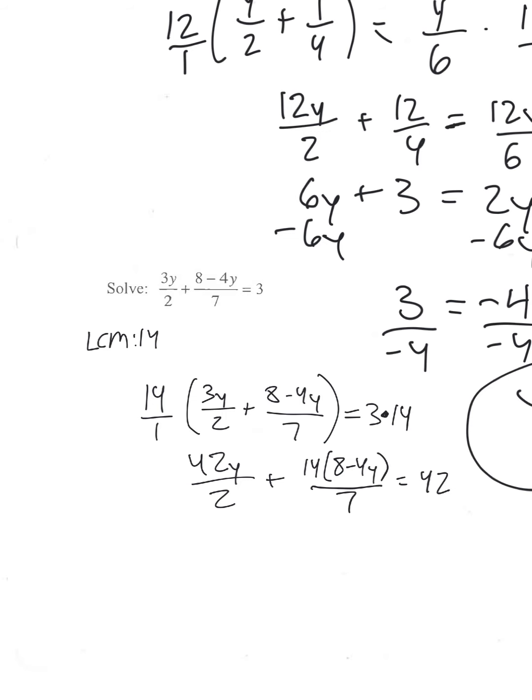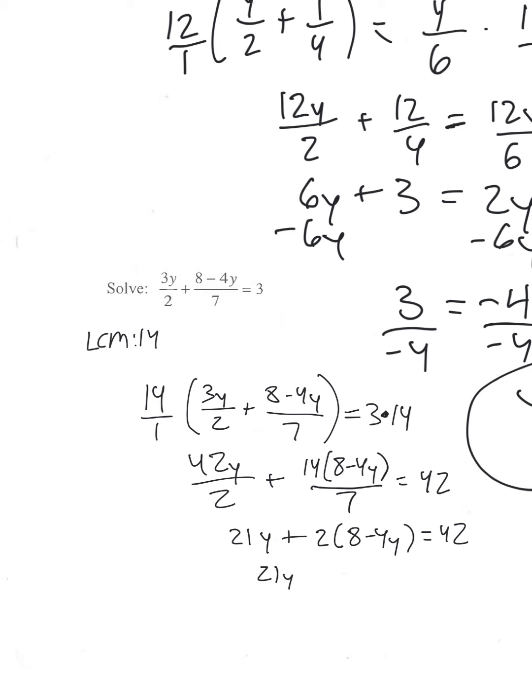But the reason that I'm not doing it is because I can actually simplify before I distribute, which is going to save me a little bit of work. So let me just take the 42y over 2. That becomes 21y when I divide it. And from this point, I can actually divide 14 by 7 to get 2. So that gets me here. So it saves me just a little bit of work with the distributing.